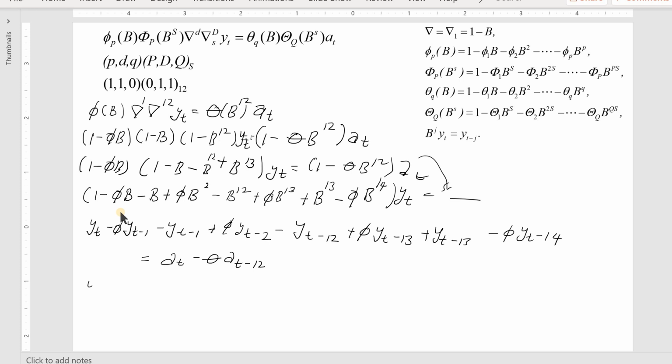And then we bring all the terms to the right hand side, leaving only YT. This means that how we compose the forecast is from the equation.